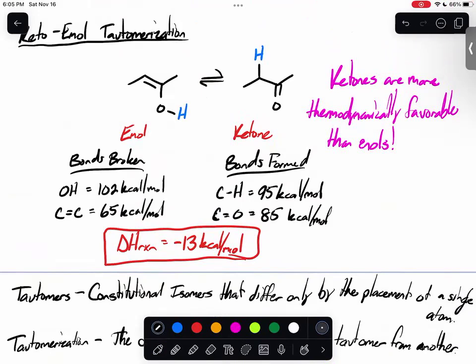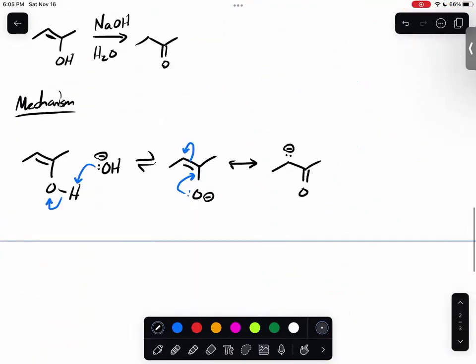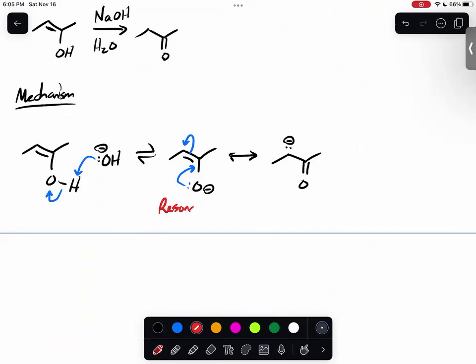So this resonance happens because that CO is stronger than that CC double bond.